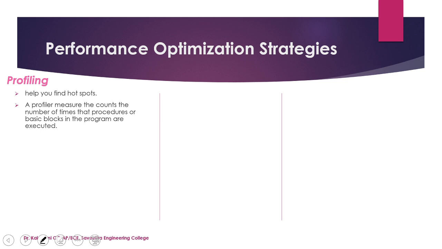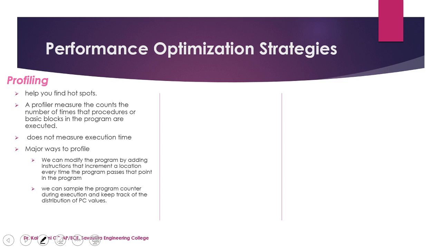If a line is executed multiple times, then we can see whether that line can be reduced or simplified so that we can reduce the execution time. So rather than analyzing the execution time, we are analyzing the number of times a single instruction is executed, and we are not measuring the execution time.